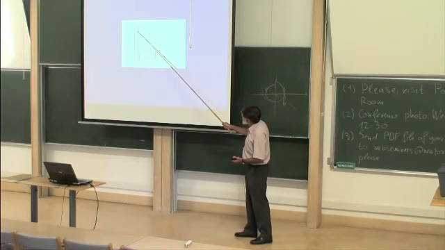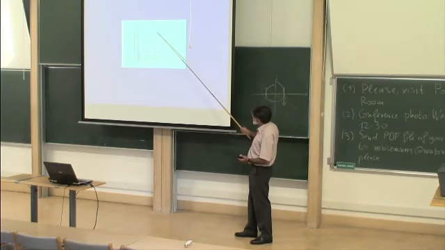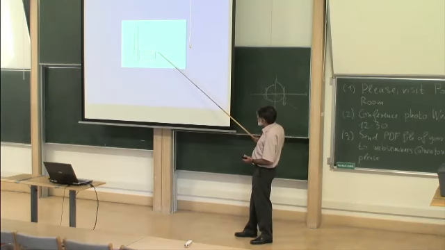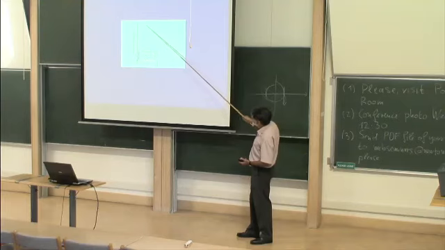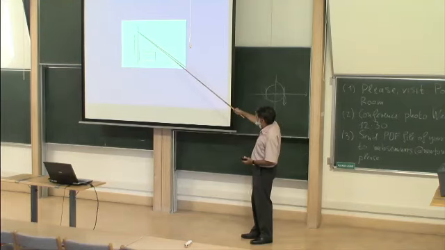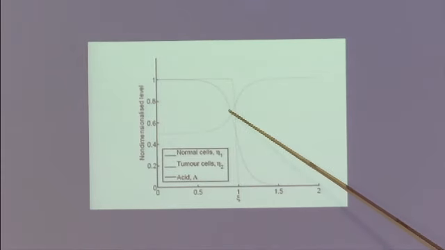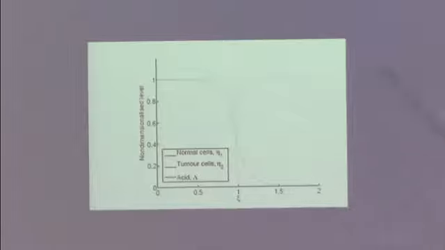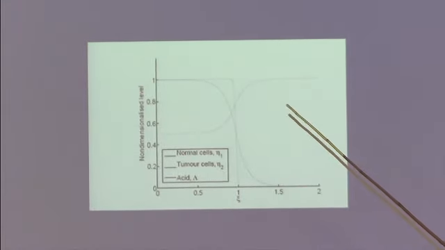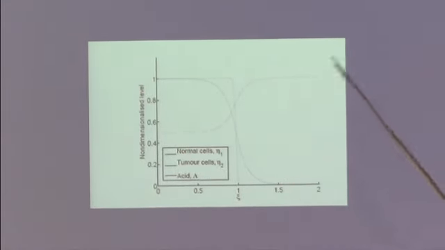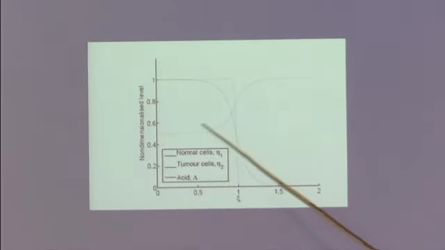The tumor cells are propagating. Here's the density of the tumor cells, here's the density of the normal cells. You can see here a coexistence. And here's a gradient of acid across the front. This would propagate in this direction, so finally you would have a coexistent state of tumor plus normal cells.